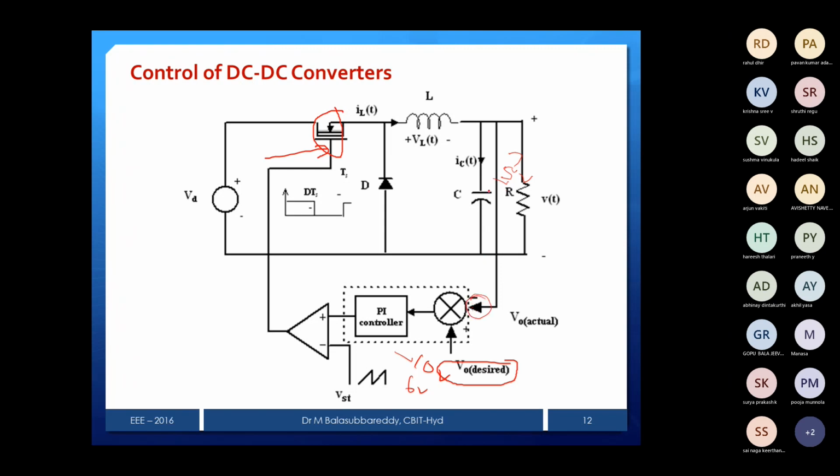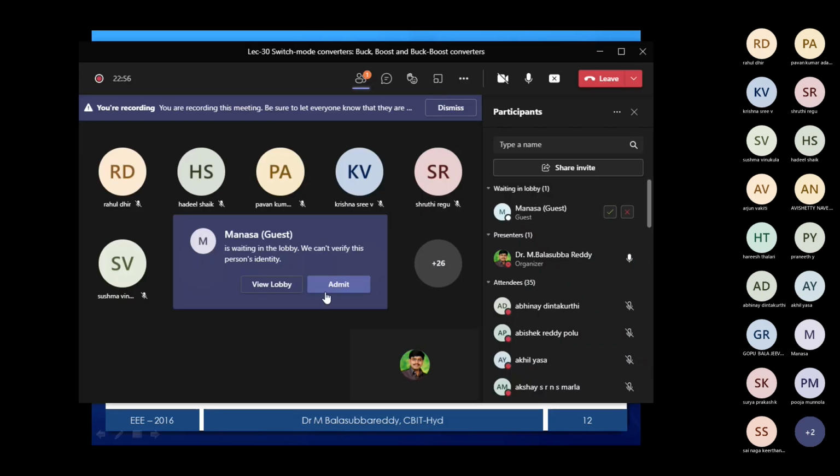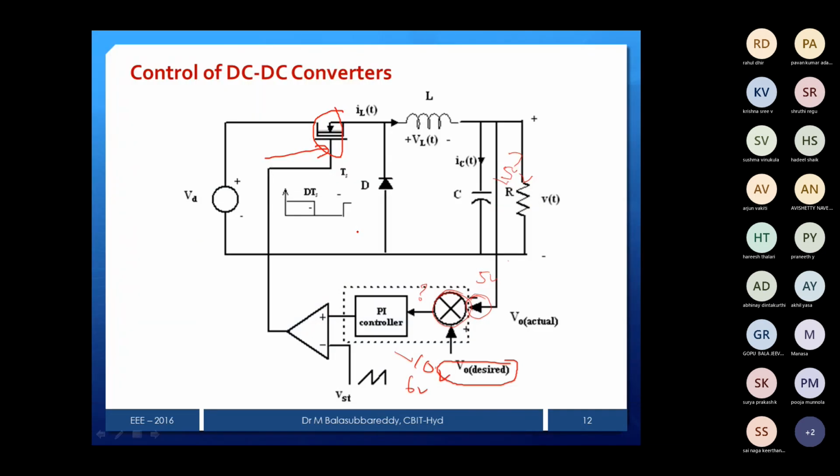There is a sensor. We sense the actual voltage and give it to the error amplifier. The actual voltage is 5 and the required voltage is 10. Then the error is passed through the PI controller, which is going to nullify that error.